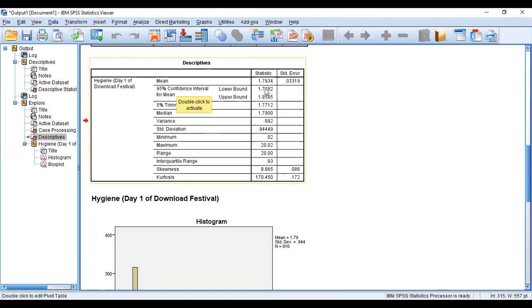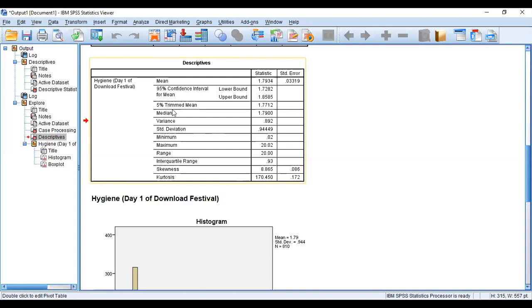Second, this is the 95% confidence interval for the mean. The lower limit is 1.72 and the upper limit is 1.852. It means if we take 100 sample means, then 95 sample means would lie between 1.7 and 1.85. It means this is the range.